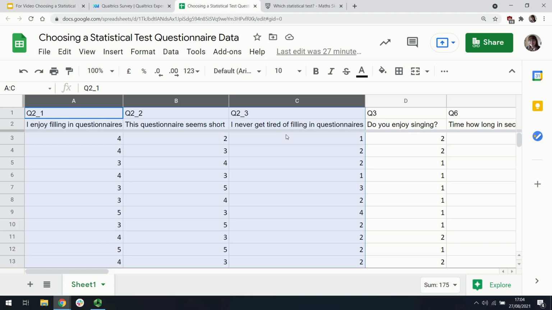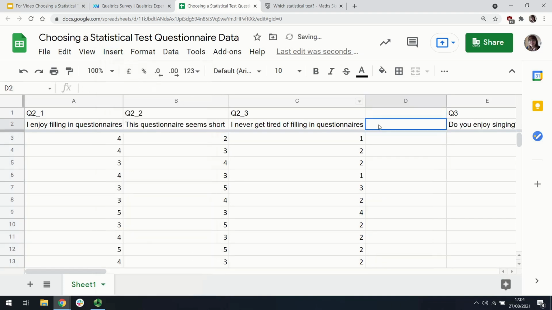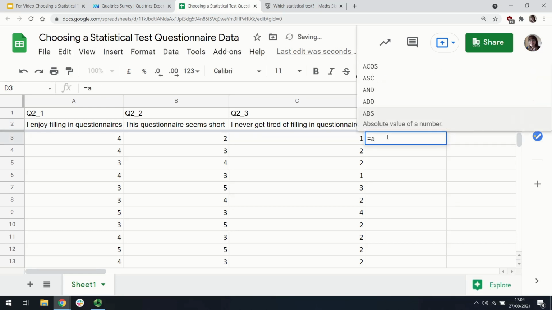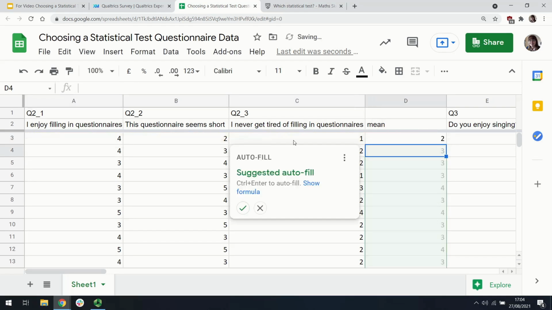So what I mean by taking the mean, let me see if I can just insert a column here. We'll call this the mean. So mean's just another word for average. And then if we type in equals average, we're going to take these 3 numbers.